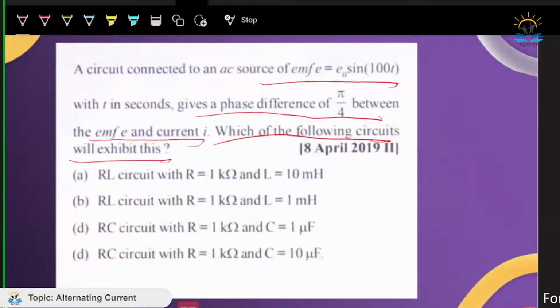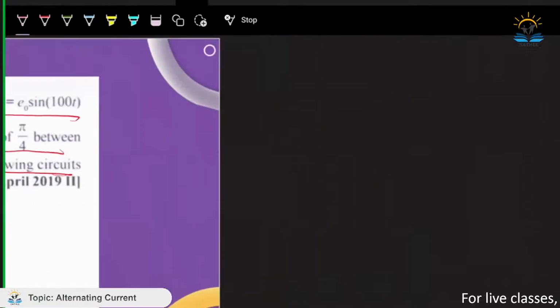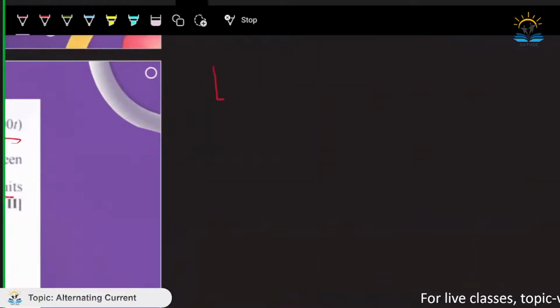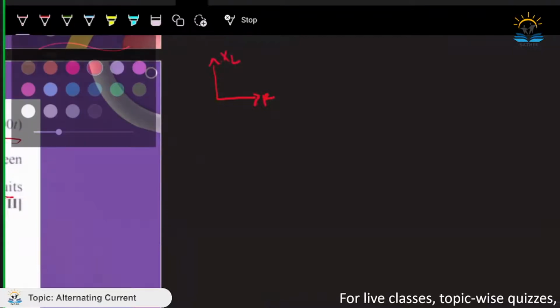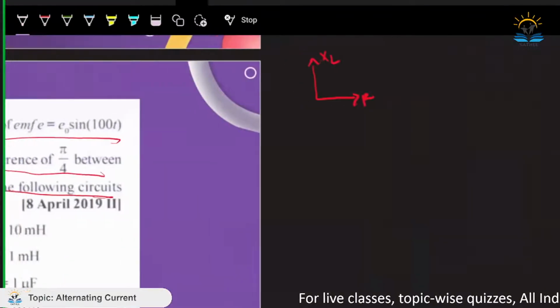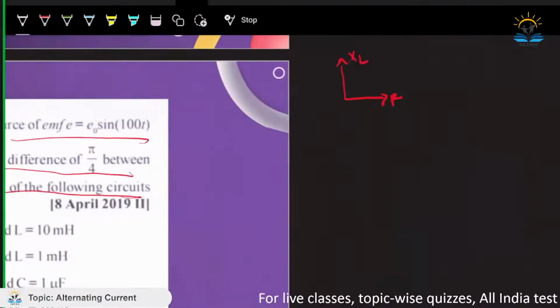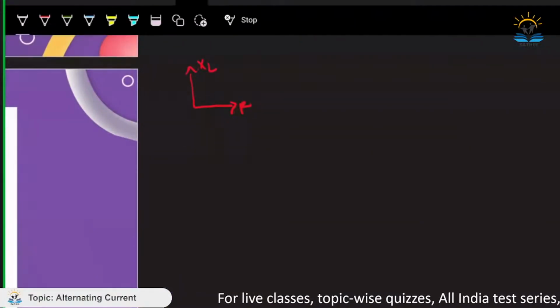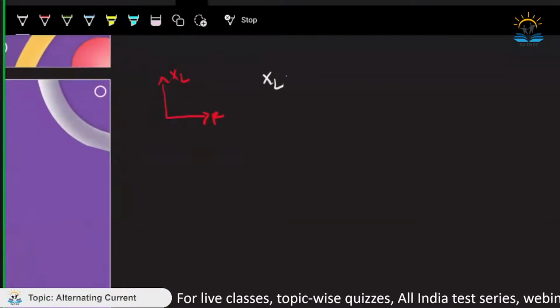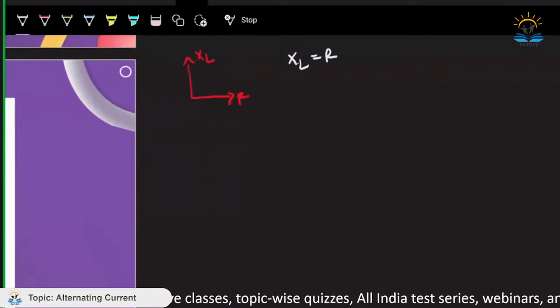So there are two combinations, RL and RC. Suppose it is RL, with R here and XL here. The phase difference is pi by 4, which means 45 degrees, and tan 45 will be 1. We can write XL equal to R, right?